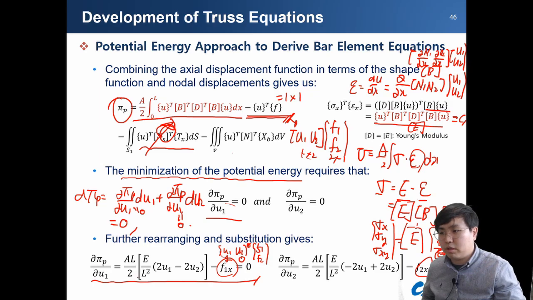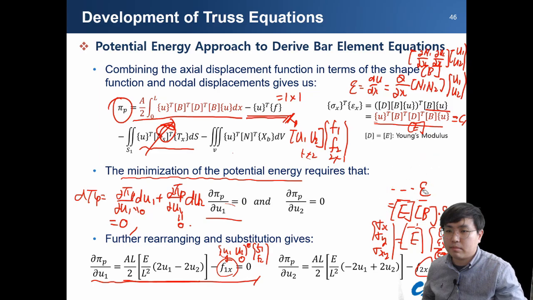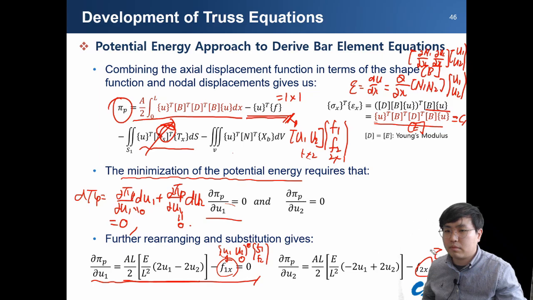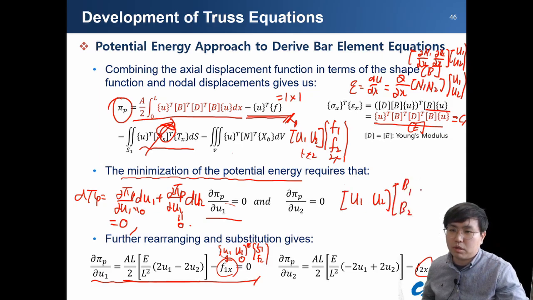However, in this part, similarly, we have u1 and u2 and B matrices. In the previous slide, we can say that B1 and B2, and then this is Young's modulus, and then B1 and B2 and u1 and u2.